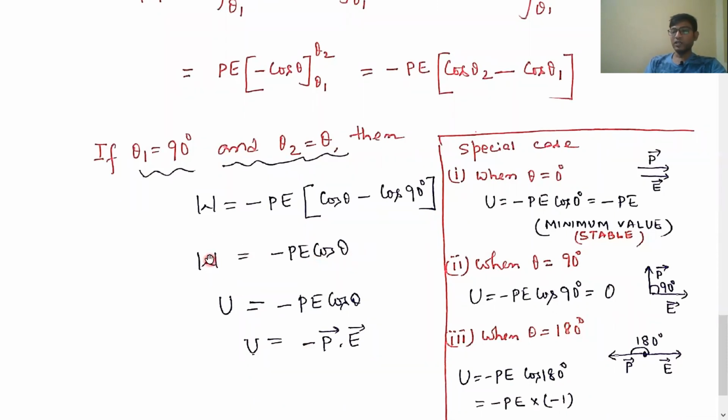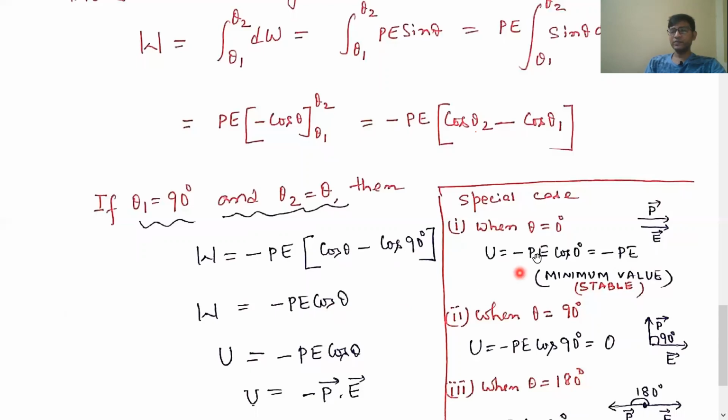This work done is stored in the form of energy, and for the energy we use capital U. There is a cos theta term, so we can write it like this: U equals minus P dot E. It is a dot product, which is also a scalar quantity.